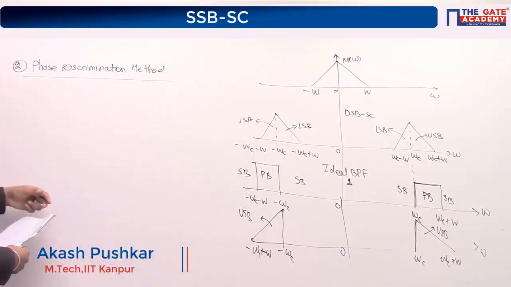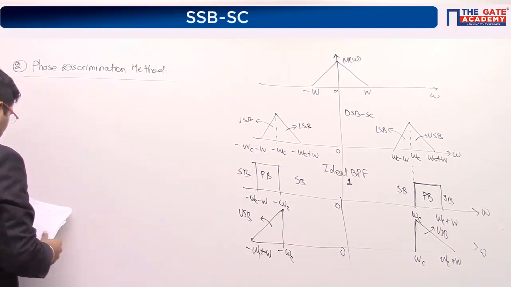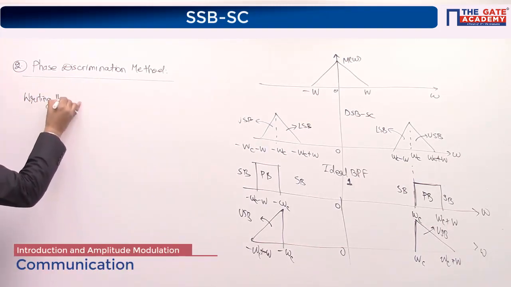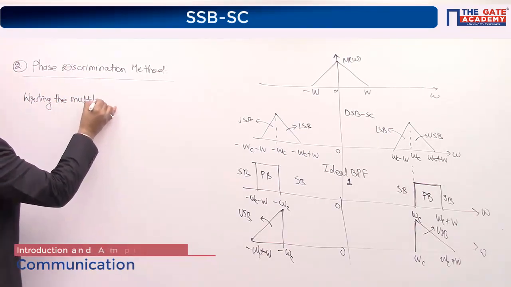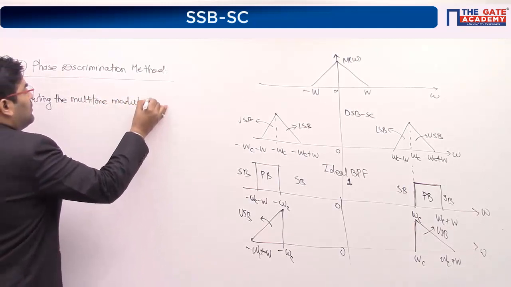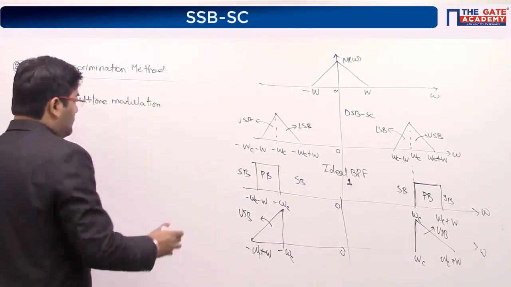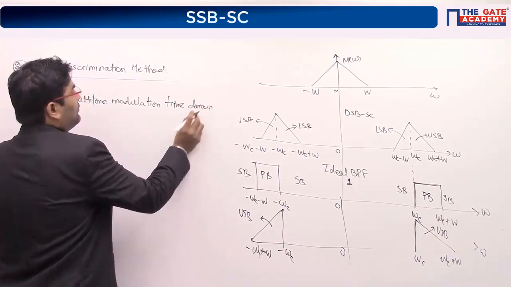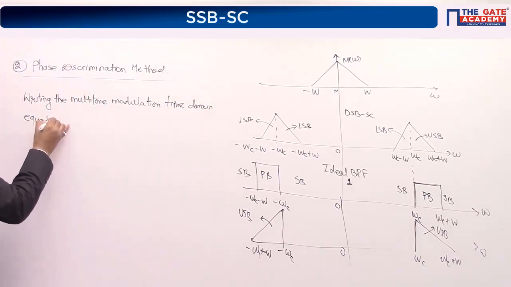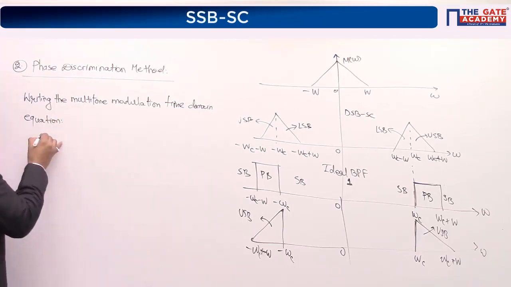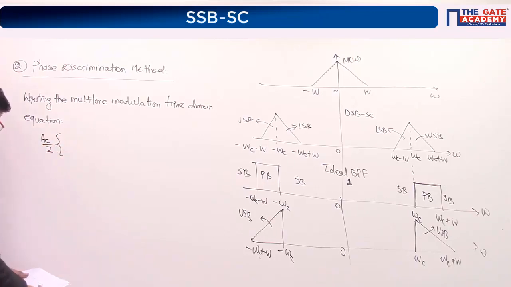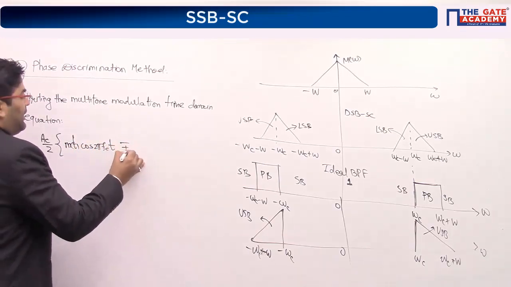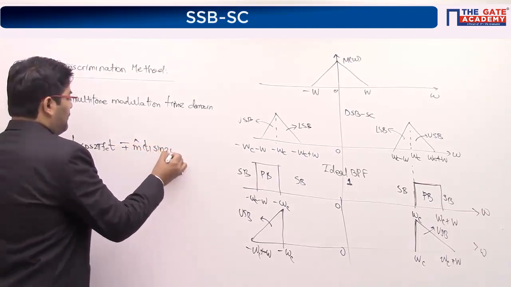So let me explain the whole idea of how you are going to do it. Let me write the multitone modulation time domain equation: Ac by 2, m of t cos 2 pi fct minus plus m hat t sin 2 pi fct.